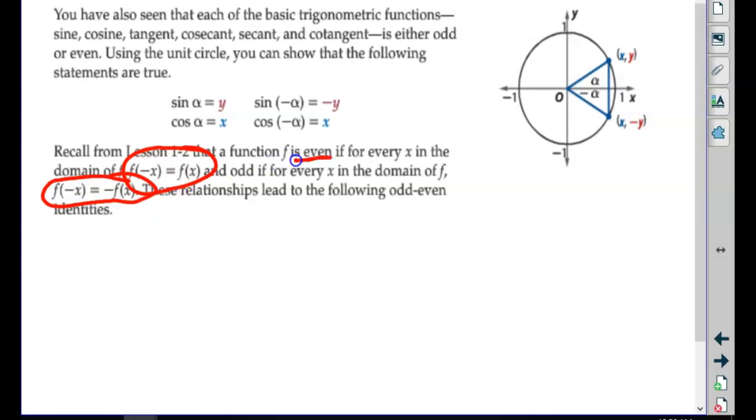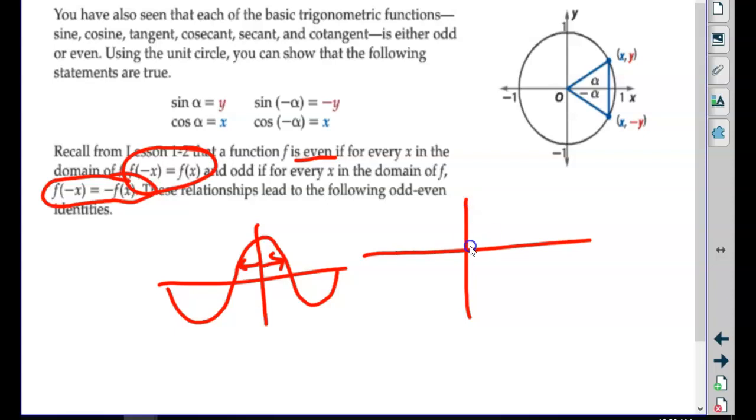If it's even, then you can get rid of the negative because it's the same on both sides, right? This is an even function, guys. So if I said go left or go right, you're going to hit the same value. If it is an odd function, like this, it is going to have the opposite sign. So if I say go left or go right, the same amount, you will hit the same value, okay? But it's going to have the opposite sign.